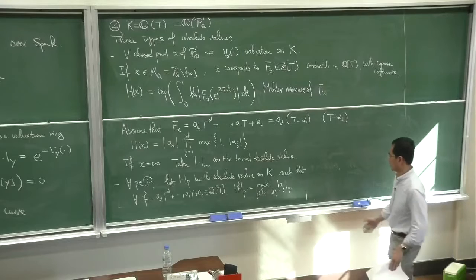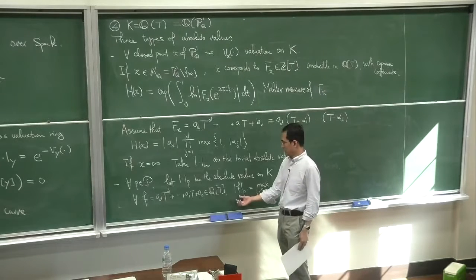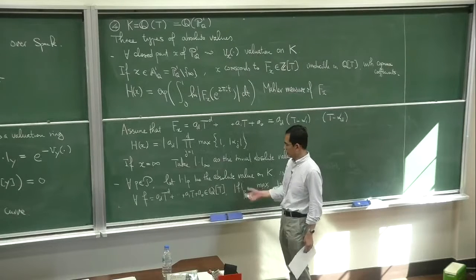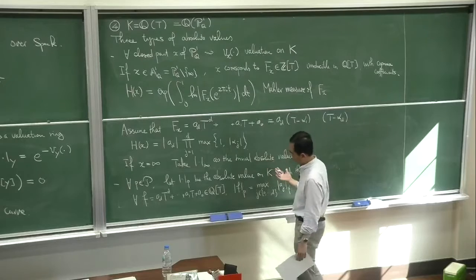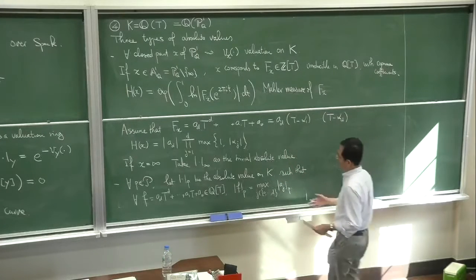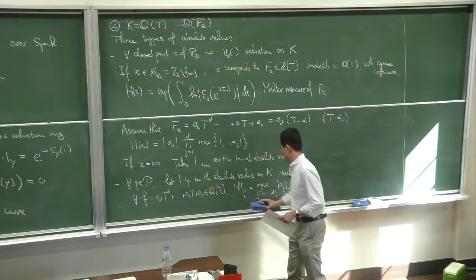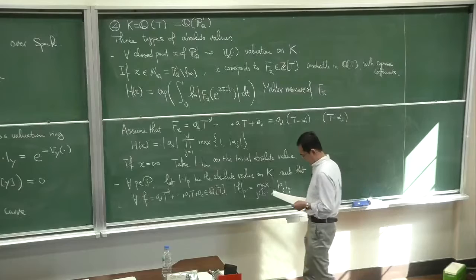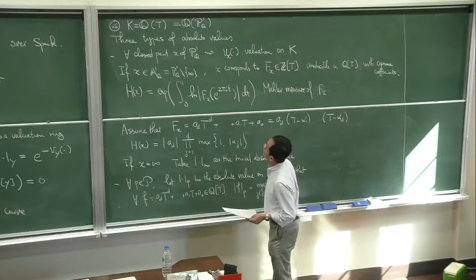Now it is a formal exercise to verify that such a thing transforms the product of two polynomials to the product of absolute values, and then extend to an absolute value on K. So this is the second type.